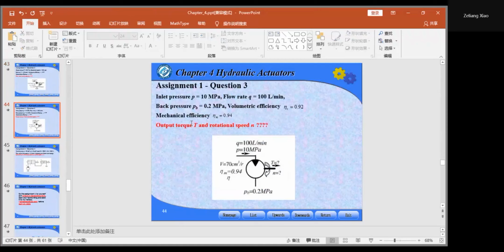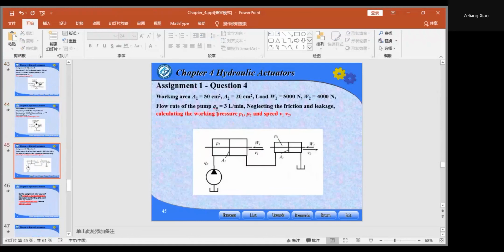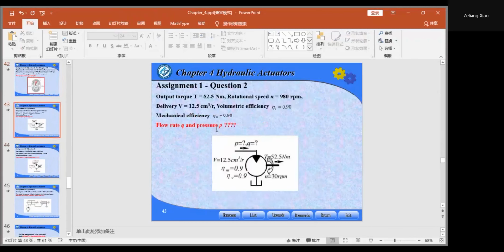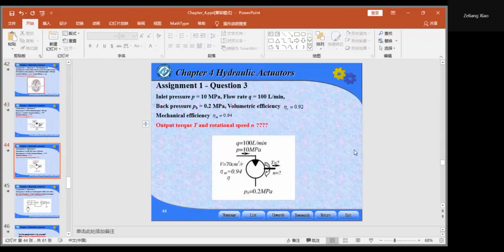This one also involves the rotation speed. This is a bit different. I can tell you later. This one, this two, this one, and this one can be calculated according to the former slide.